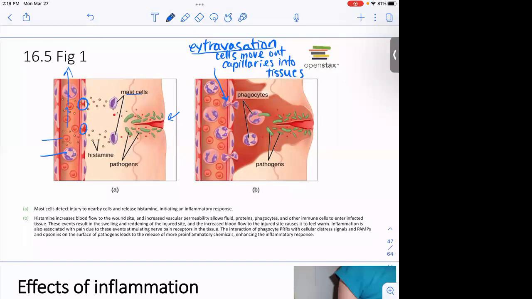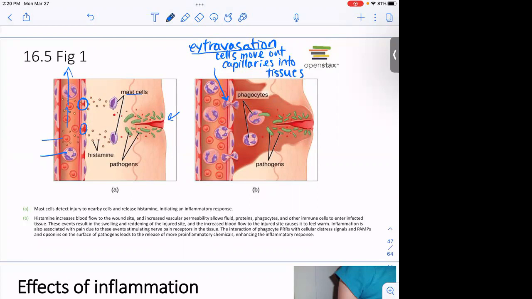There's a couple of YouTube videos that are in the text. One of them really gets into a lot of detail, and the other one is a little bit more accessible, I guess you could say, that talk about this process of extravasation. Another name for that is diapedesis. If you've heard that term before, I'll stick with the word that the book uses, and that's extravasation.